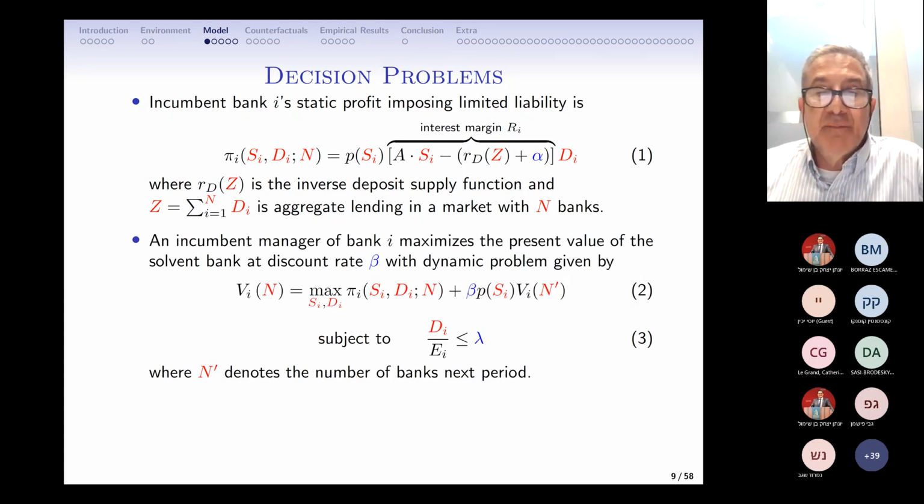We embed this in a dynamic framework. So what's the dynamic optimization problem? Starting today in a given market structure, the bank manager is choosing the riskiness of its loan portfolio, and how many deposits to take, which it lends out, so the amount of loans to make, to maximize current profits but also the expected present discounted value of future profits.